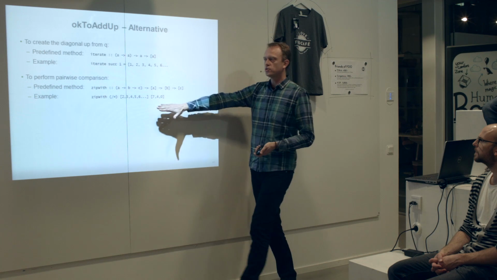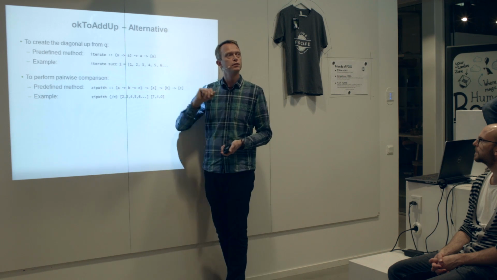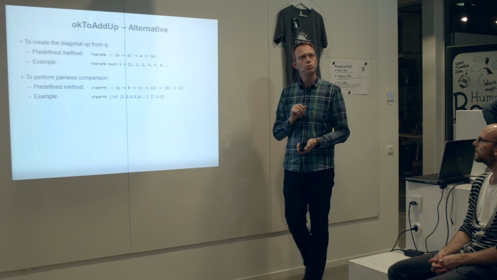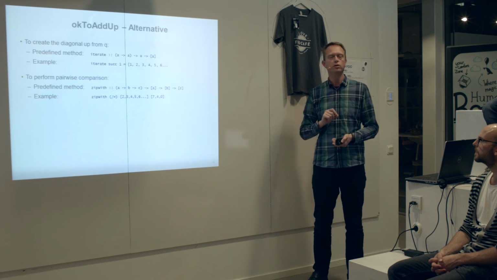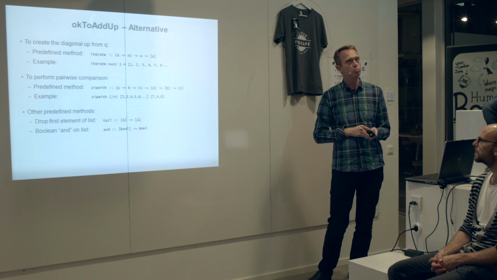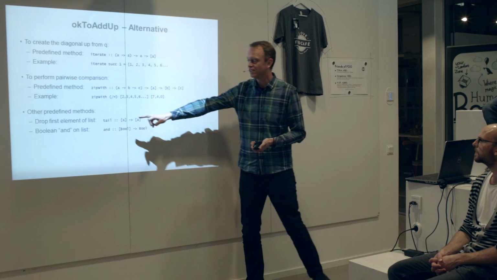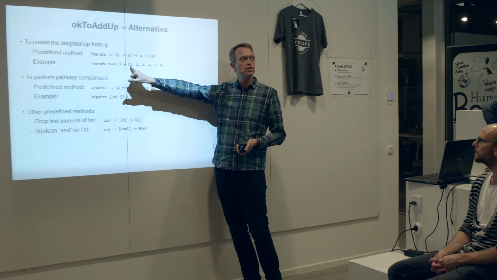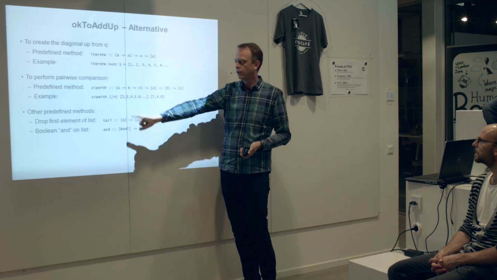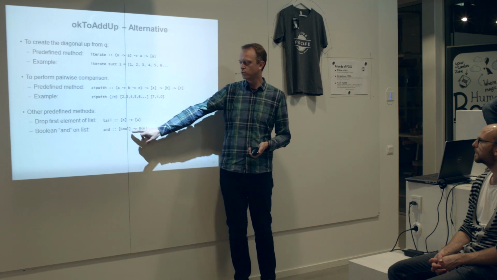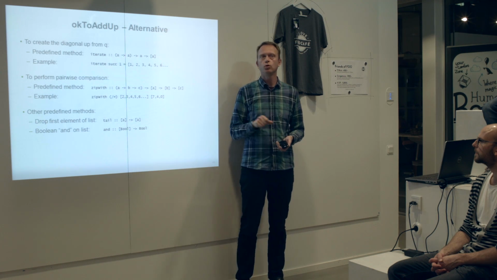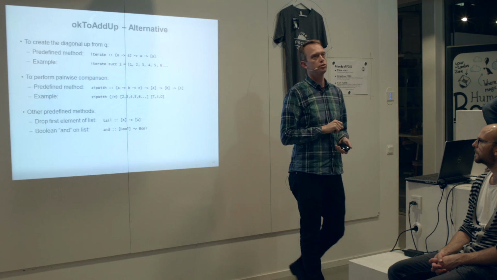So this operation gives us a list of booleans. And we want to check that all of those booleans are true. So we will use these 2 predefined functions as well. First of all, we need tail, so that we drop this first value here. And then we'll do and, which takes a list of booleans and returns true if all of those elements in that list are true.